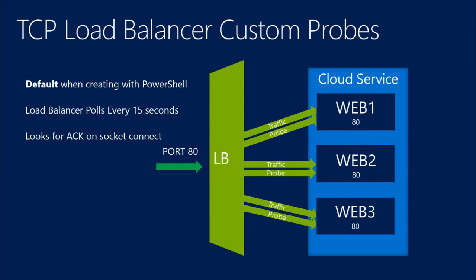If it doesn't get an ACK, then it's going to stop traffic on that port, and it's going to take the node out. The good news is it does continue polling. So if you were doing some kind of maintenance on the machine, you just shut down IIS or whatever service you're working on, do whatever maintenance you want, turn it back on, and it's going to automatically be added back to the load balancer.